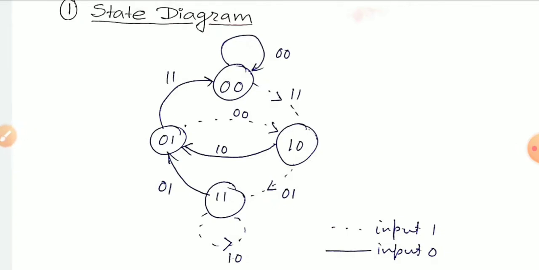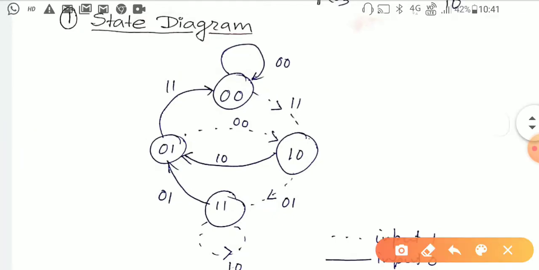Let us consider the message is specified as 0 1 0 1. This one is the message. Initially the state value is 0 0. For the first input, 0, it comes back to this position. The next state value is 0 0, and the output is 0 0.